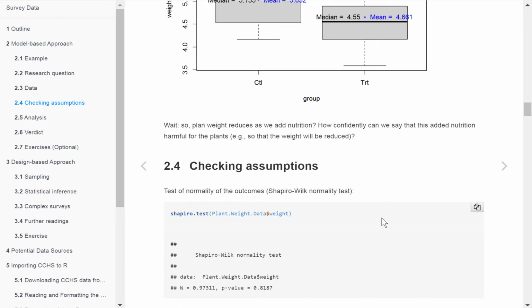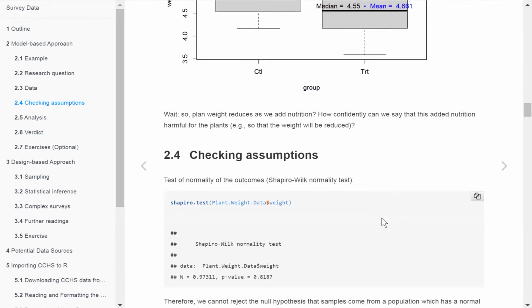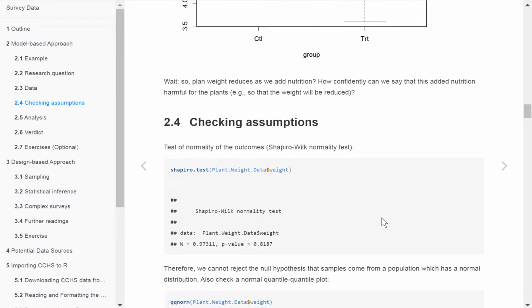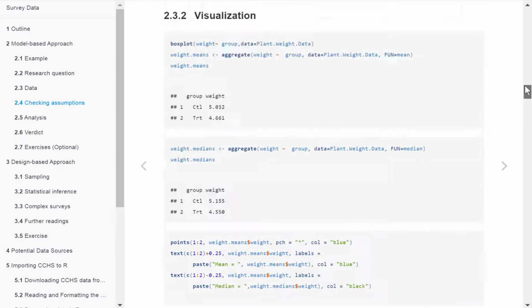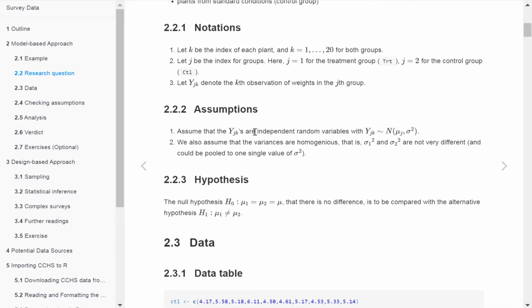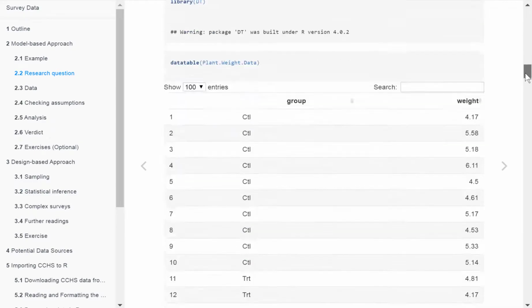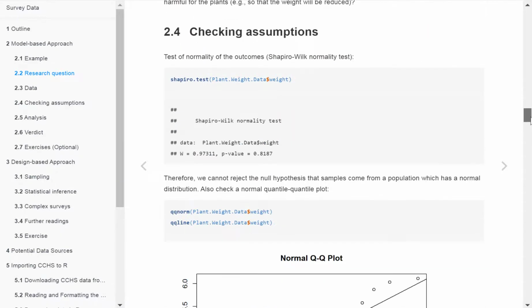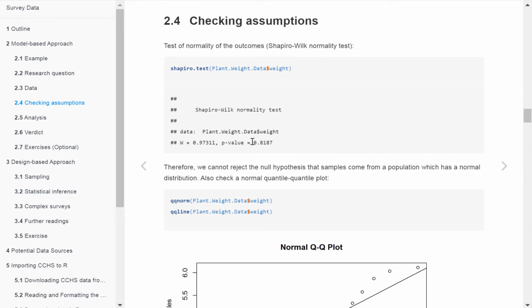So obviously we are making some sort of assumptions, and we want to check those assumptions before going into any hypothesis testing. Remember, the first assumption that we made was that they are coming from a normal distribution, and the second assumption is that the variances are homogeneous or very similar. To check the first assumption, we simply do a Shapiro-Wilk normality test, and we see that the p-value is much higher.